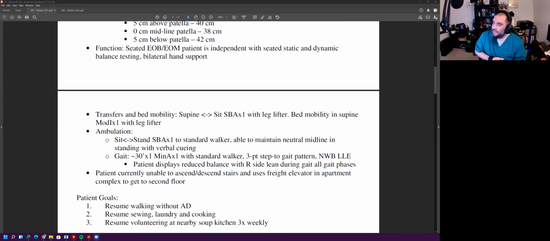Anyway, so it says the patient is unable to go up and down stairs. Why is that not very functional? Because she can't get up to her home. Right, so she had an elevator to go up and down, but what's the problem? Well, if the elevator is not going to work, then she won't be able to go up and down. Yeah, so what happens if there's a fire?